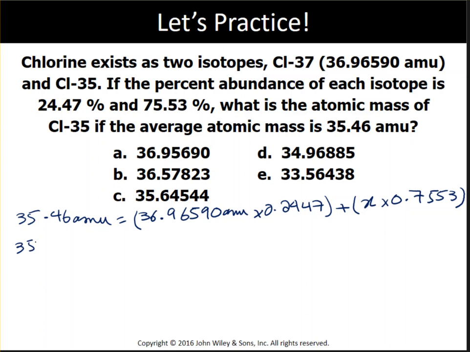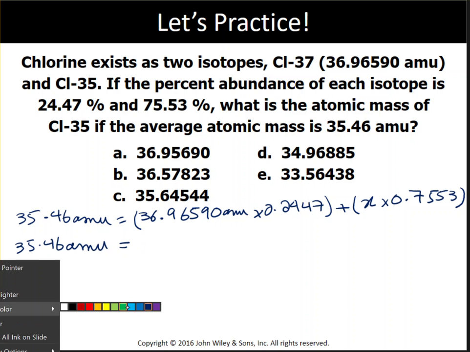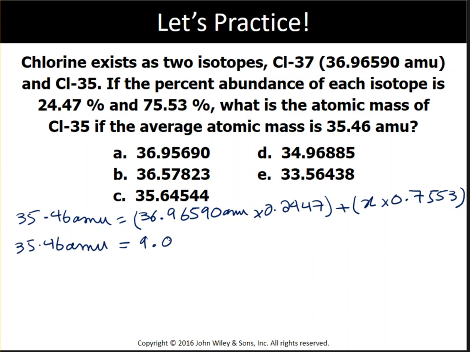Now, 35.46 AMU equals 36.96590 times 0.2447, so that's 9.0455 AMU, plus 0.7553x.